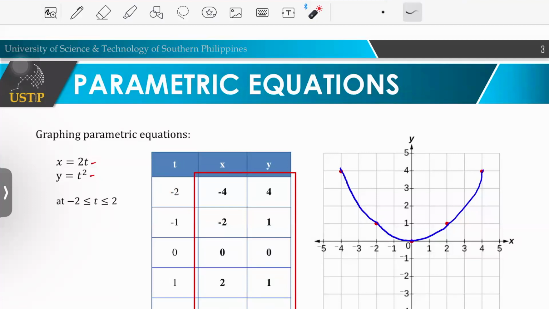If we plot that, class, morning itsura sa ato ang graph, no? So, kining negative 4, 4, that would be negative 4, 4.